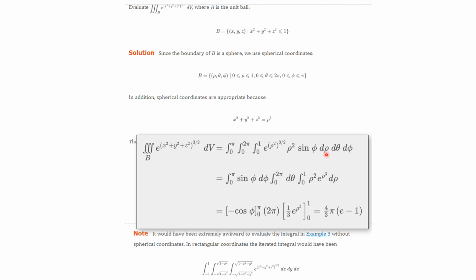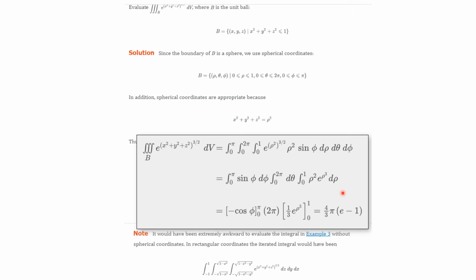This is a very simple iterated integral, because you have parts of this that are functions only of rho, part that's only functions of theta, and part that's only functions of phi. So you can break it apart this way. You can't always do this, but you can in this case.